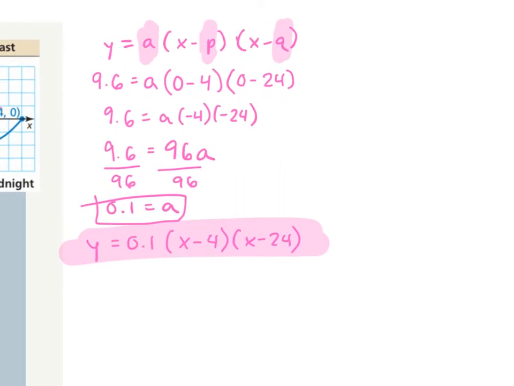How do we find the first value of our vertex? We have our P and our Q. So what do we do with our P and our Q? Well, those are two intercepts, but we're looking for our vertex.